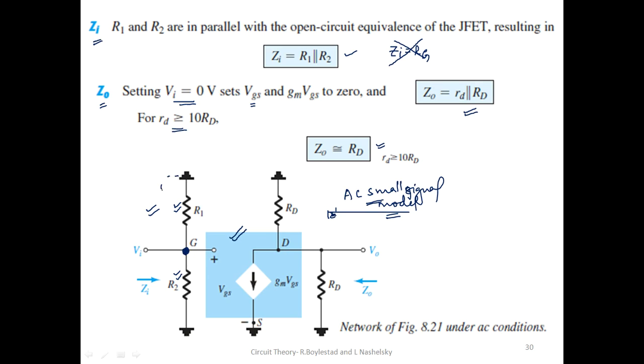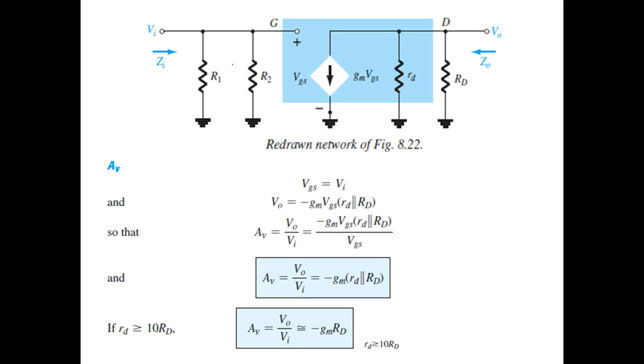So I can just consider it like this, right? This R1 resistor can be brought here, so it is again parallel. This is being clearly shown here: R1 is parallel to R2.